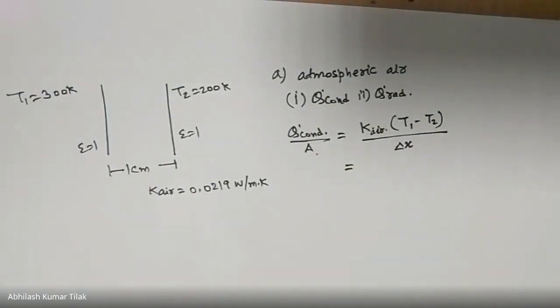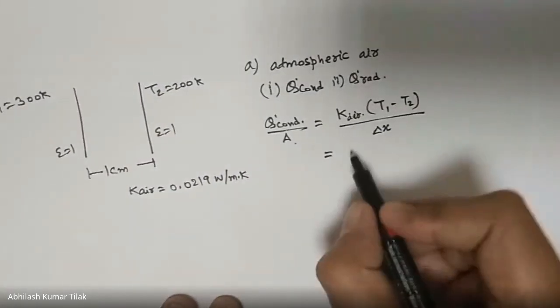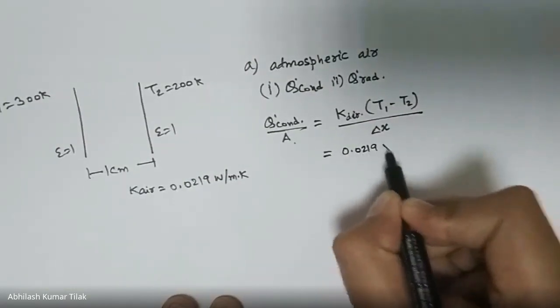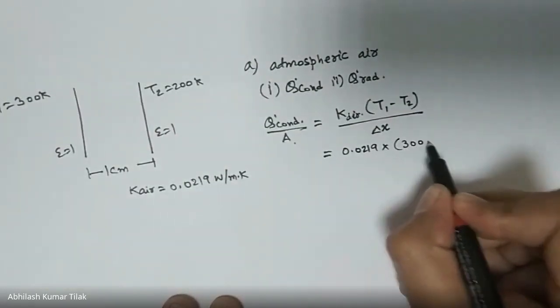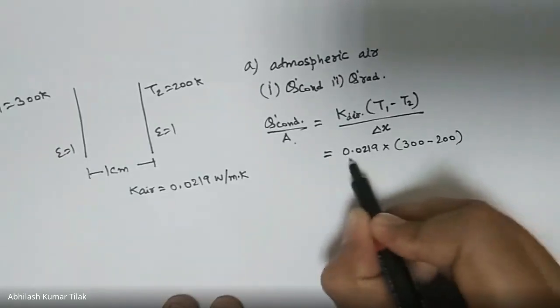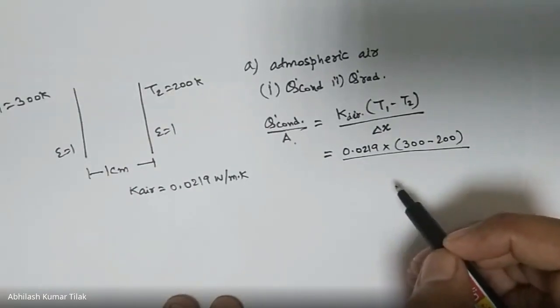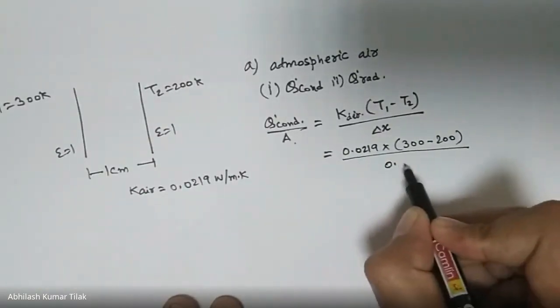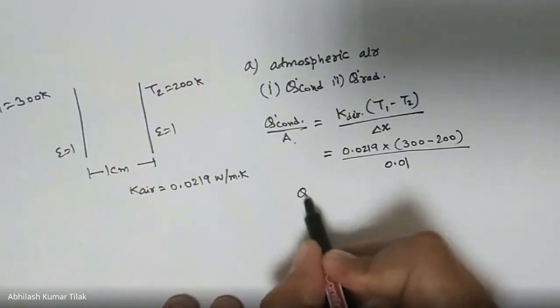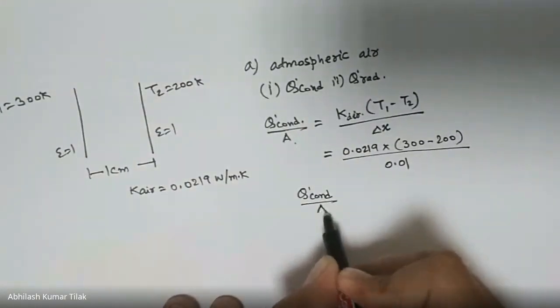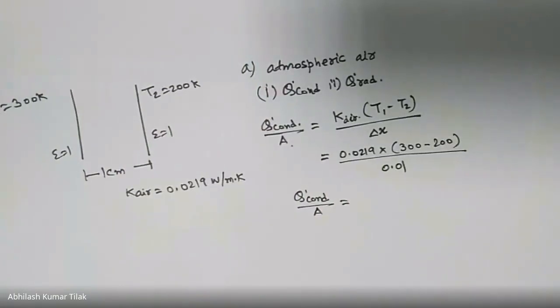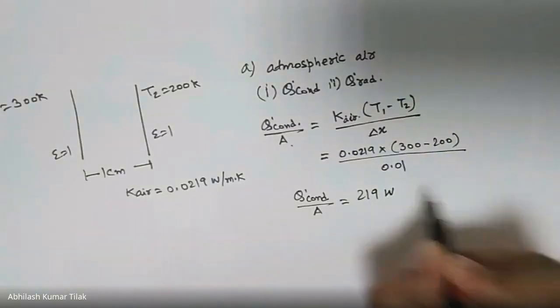Now put it here: 0.0219 into T1, that is 300, minus T2, that is 200, divided by delta X. Delta X is 1 centimeter, so convert it into meter, which is 0.01. You can calculate the value of Q conduction per area from here. Can you tell me the value? 219 watt per meter square.